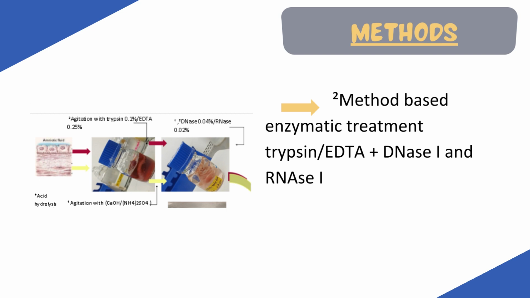The first stage is an enzymatic treatment with 0.1% trypsin plus 0.25% EDTA at 37 degrees Celsius for 30 minutes, and a second stage of enzymatic treatment with DNase and RNase under the same conditions as the previous process.